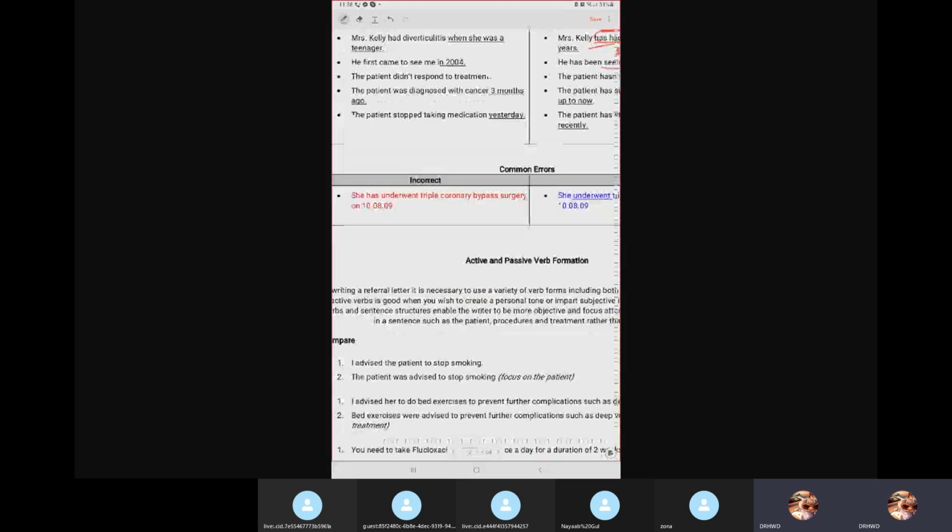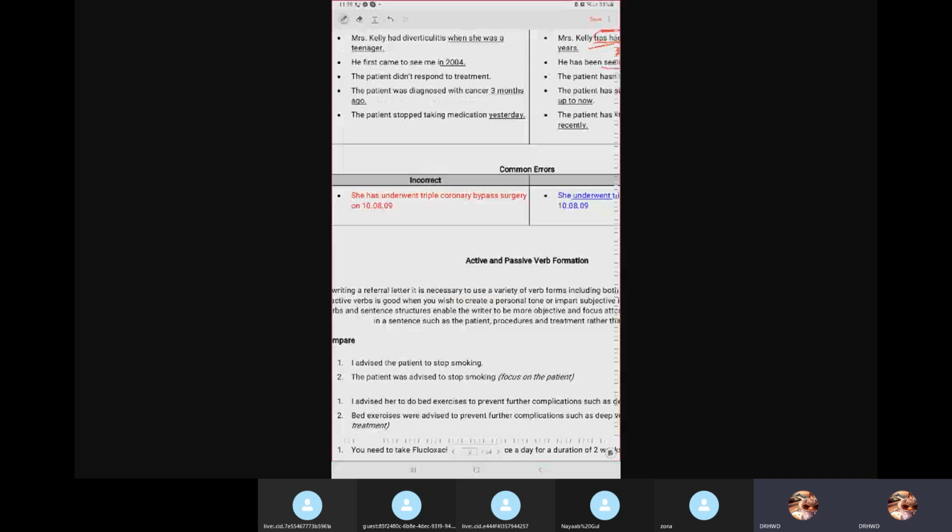Okay, now let's come to active and passive verbs. This is really, really important for your letters. On your exam day, you would be having your test, and a lot of candidates would start by saying, I'm writing to refer, which is fine.